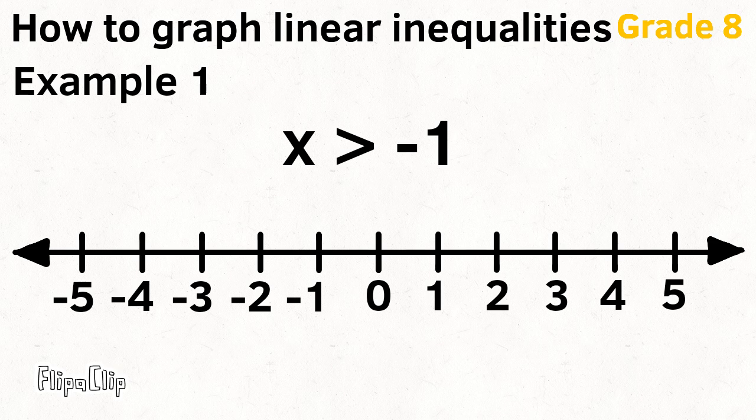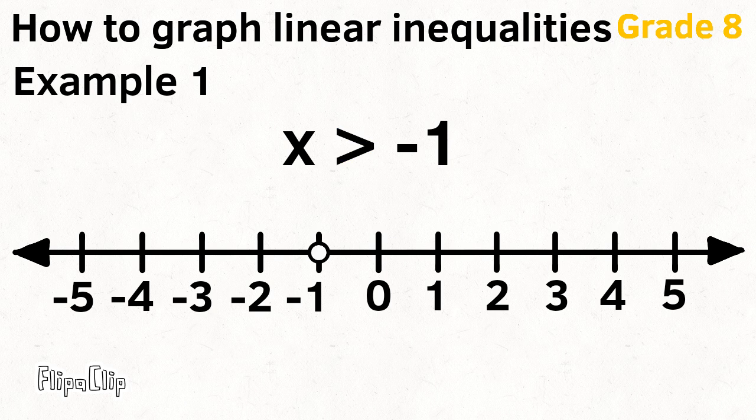So for our first example, we have to plot the inequality x is greater than -1. So for the first step of plotting inequalities, put a dot where the constant is. So that'll be -1. Since the greater than symbol is a strict inequality, we have to use an open dot.